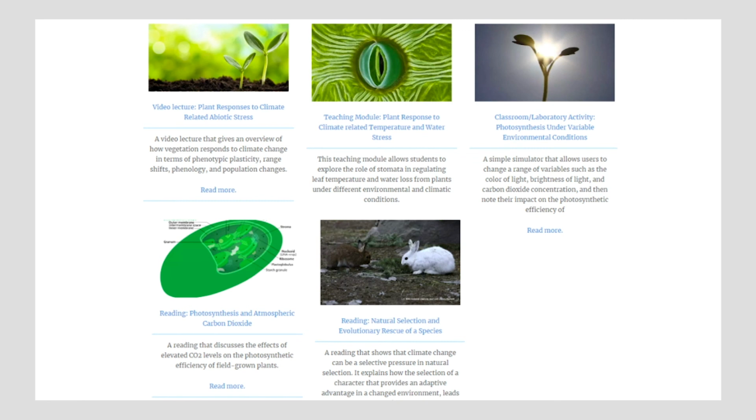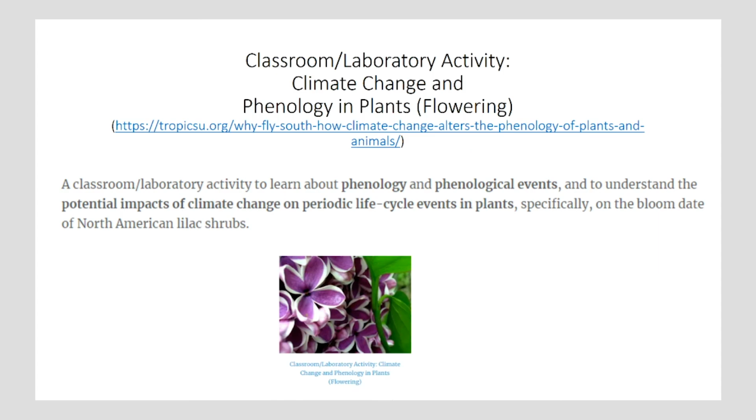A simulator that allows users to change variables such as color of light, brightness of light, CO2 concentrations, and note their impact on photosynthetic efficiency. A reading that shows the effects of elevated CO2 levels on photosynthetic efficiency of field-grown plants, or how climate change can be a selective pressure in natural selection, and many other standalone teaching tools.